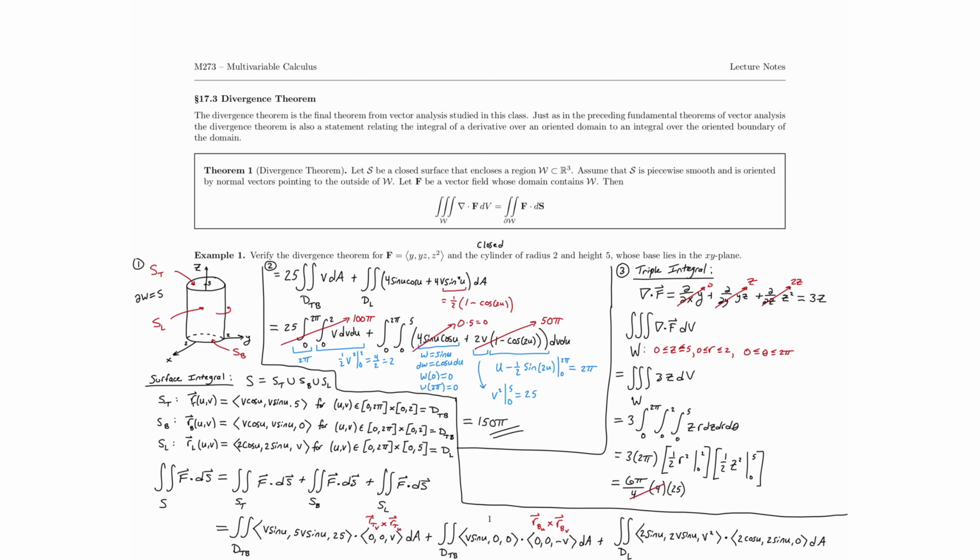Well, the 4's cancel. 25 times 6 is 100 plus 50, so 150 pi. This is a long example, but it does show you how nice integrating the triple integral can be, because having three surface parameterizations is a huge pain.